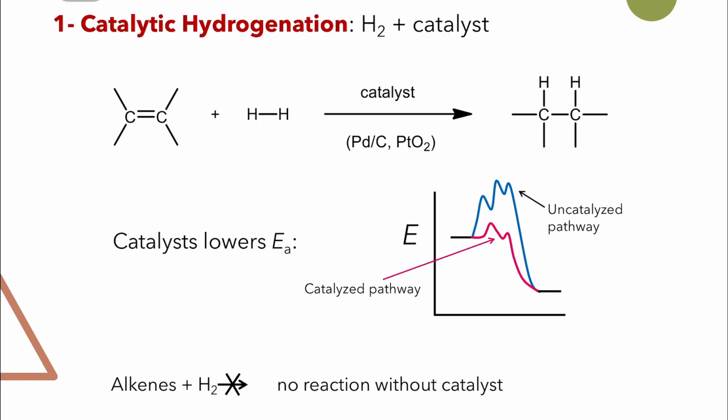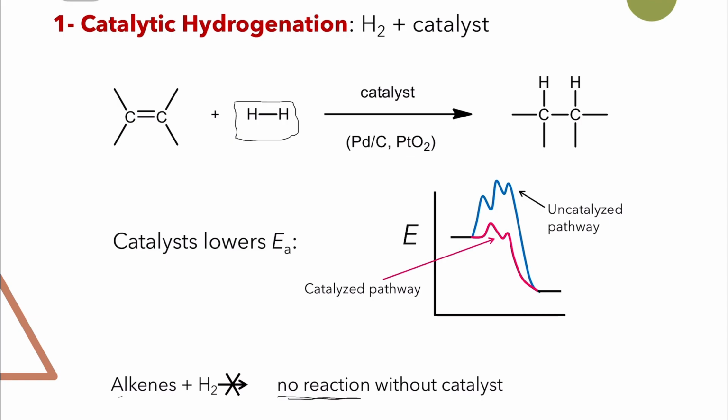This reaction is called catalytic because it needs a catalyst. It doesn't proceed without a catalyst. An alkene and hydrogen alone, without a catalyst, will not react, so we need a catalyst for the reaction to proceed.